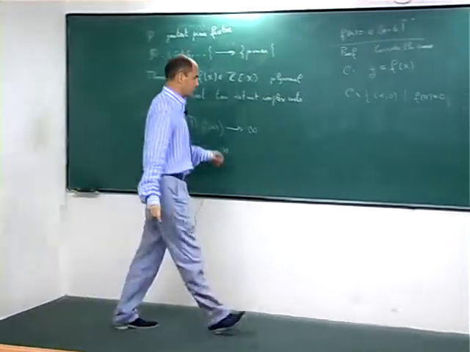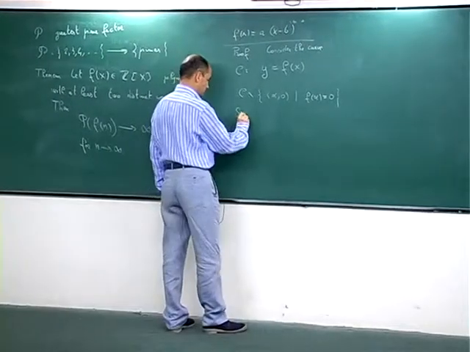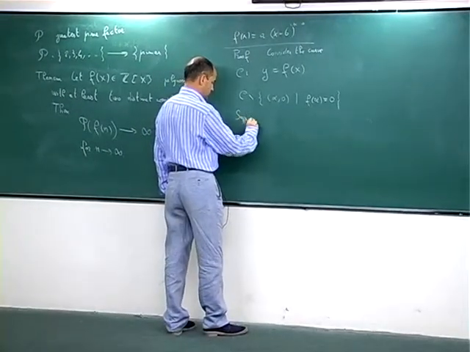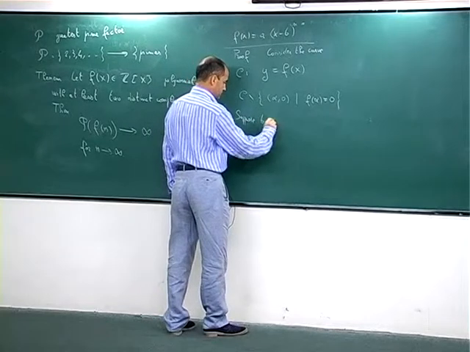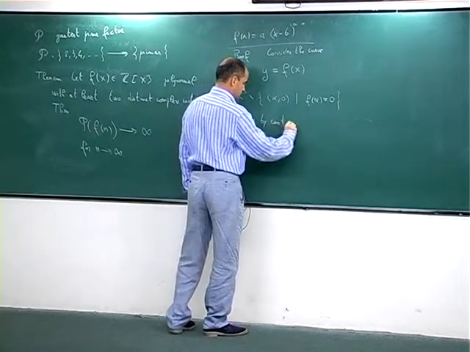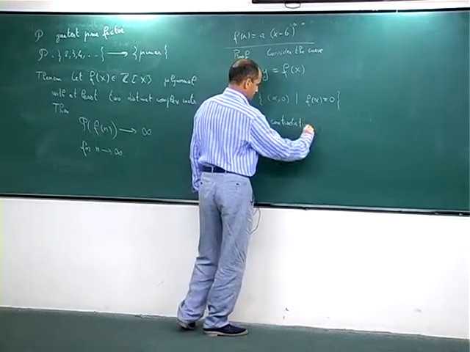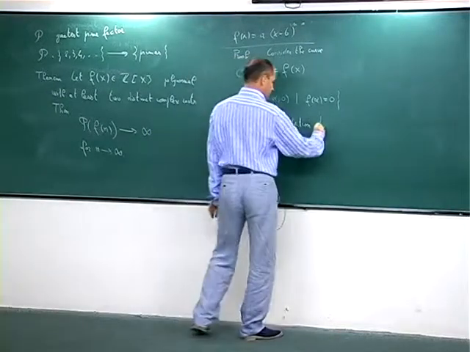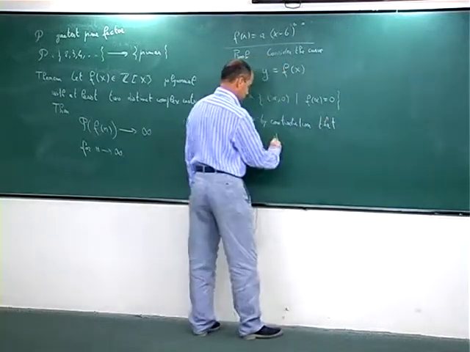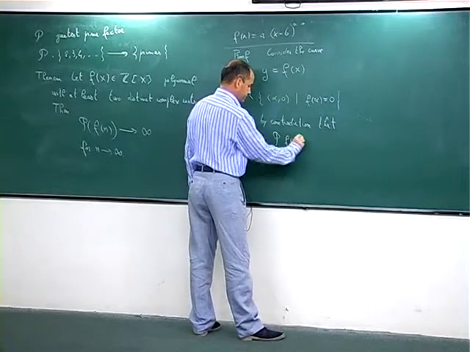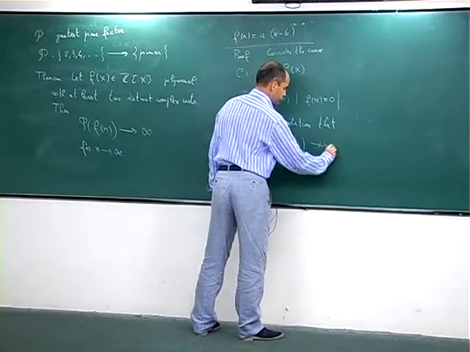Now, suppose by contradiction that P of f of n does not tend to infinity.